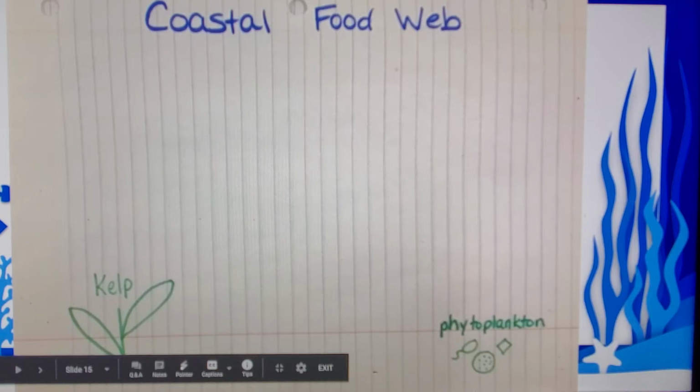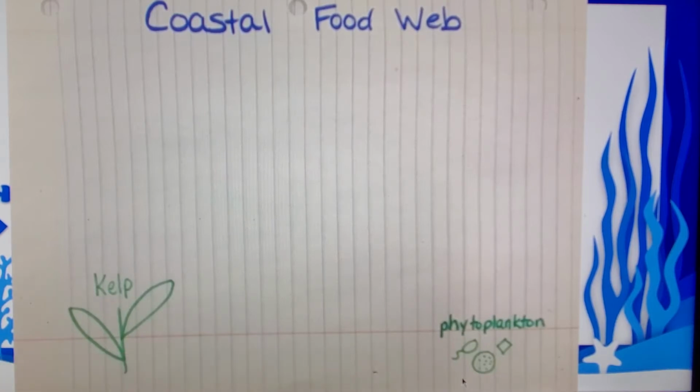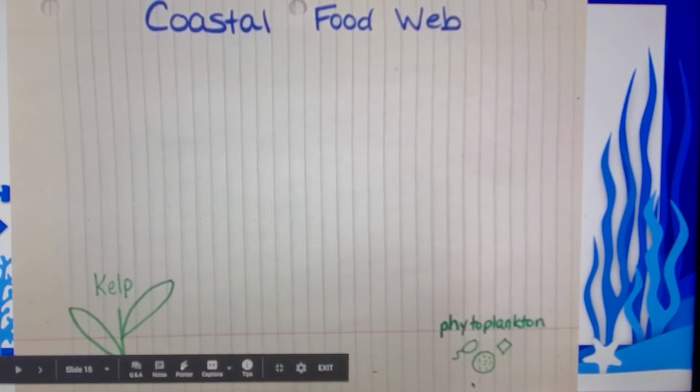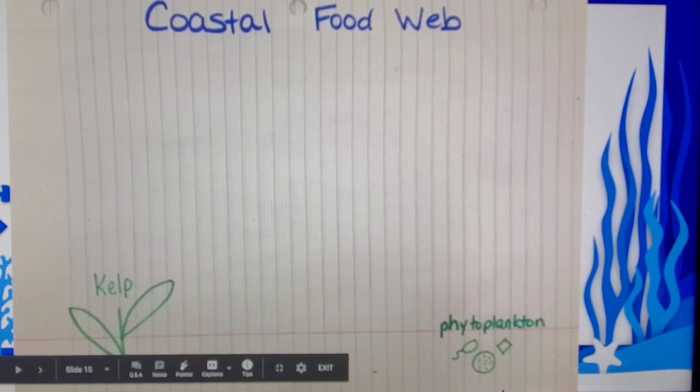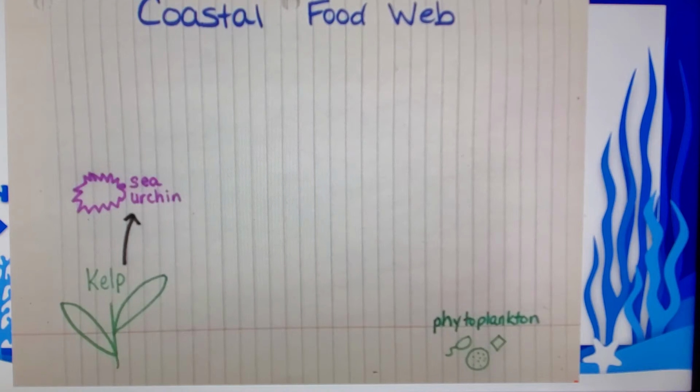Phytoplankton take in carbon, as in the pollution, and produce oxygen for us. So we really need to take better care of our oceans, because more of our oxygen is actually produced in the ocean. But these are the producers. They are producing the glucose needed to feed the animals.